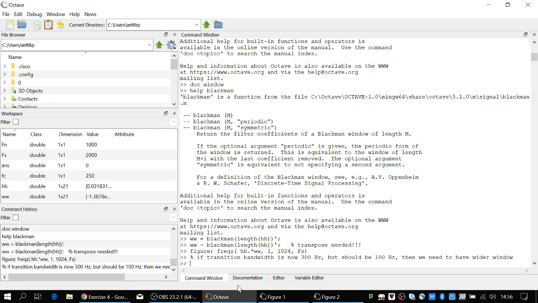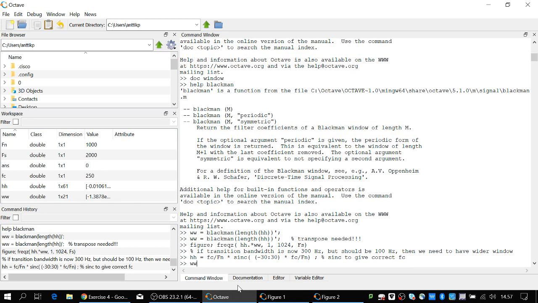Okay, and that will be, say, 3 times wider to cut it by the factor of 3. So basically we need to calculate the HH from not minus 10 to 10, but minus 30 to 30.